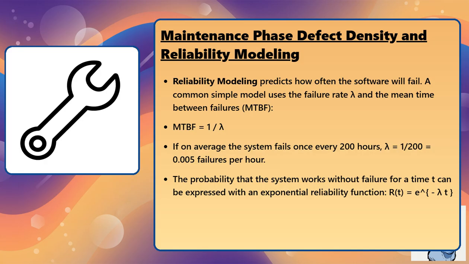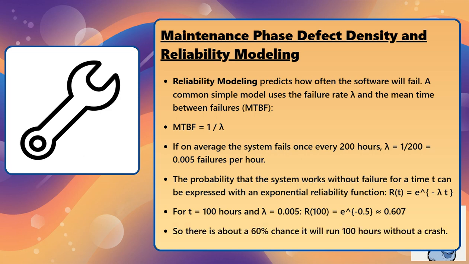The probability that the system works without failure for a time t can be expressed with an exponential reliability function: R of t equals e to the minus lambda t. For t equals 100 hours and lambda equals 0.005, R of 100 equals e to the minus 0.5, approximately 0.607. So there is about a 60% chance it will run 100 hours without a crash.